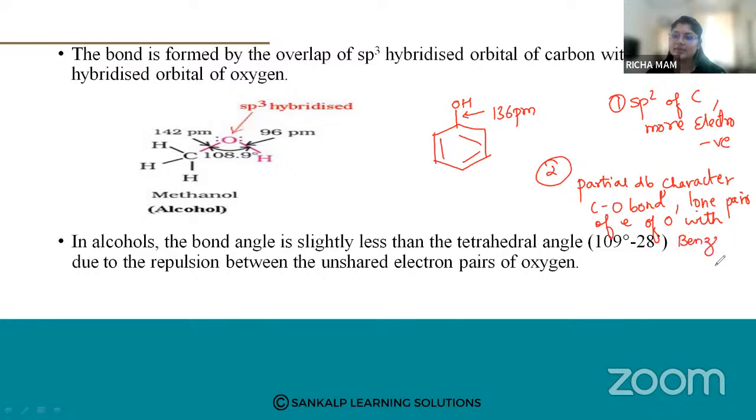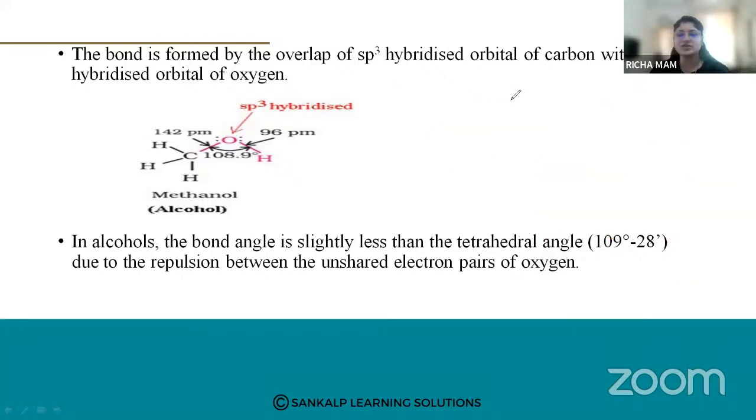So the CO bond length is shorter. The lone pairs present on the oxygen undergo conjugation or delocalization of electrons with this benzene ring. So these are the two reasons. So structure is very important.